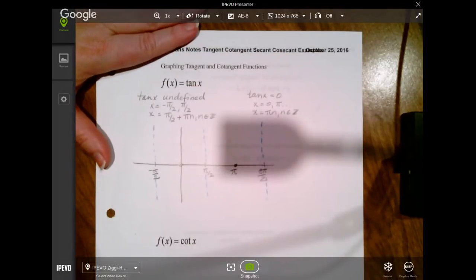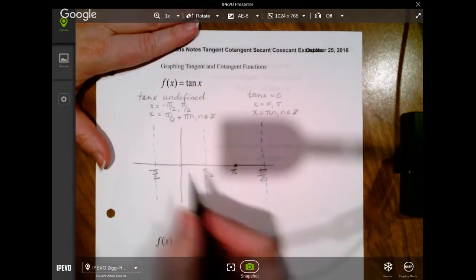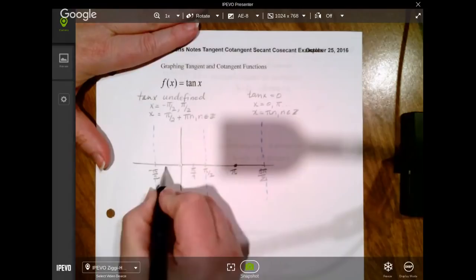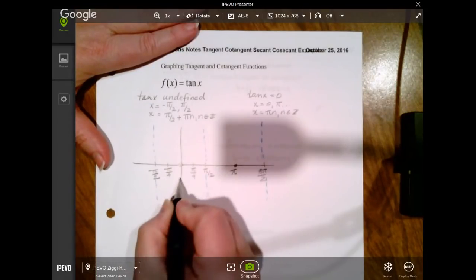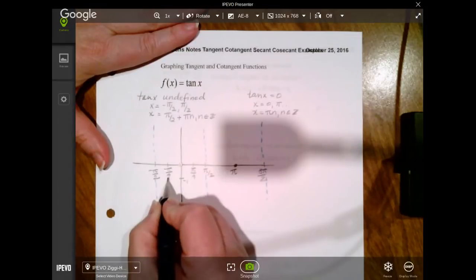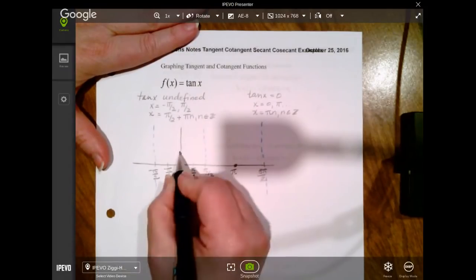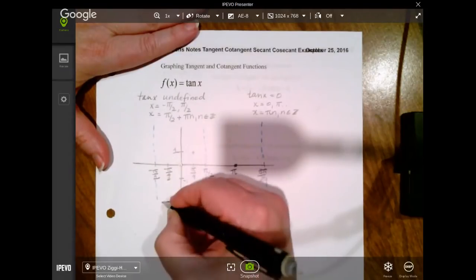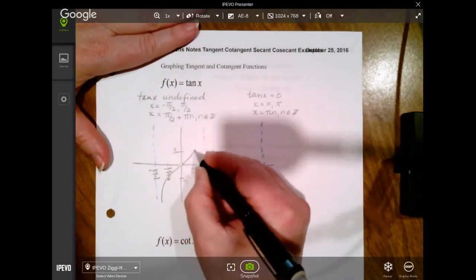And then I asked you to figure out what some other points were. So what happens at pi over 4 and negative pi over 4? Well, the tangent at negative pi over 4, as you are well aware, is equal to negative 1, and the tangent of pi over 4 is 1. And so we are going to graph and connect the dots here.